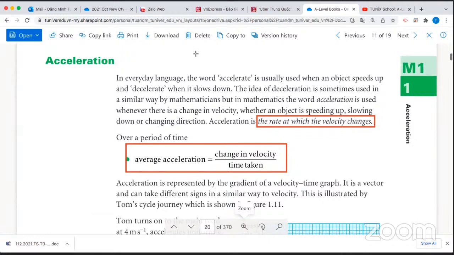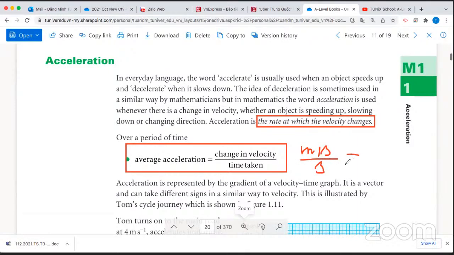Because velocity is in meters per second, m/s, which you can denote as m s minus 1, and divided by seconds, s.